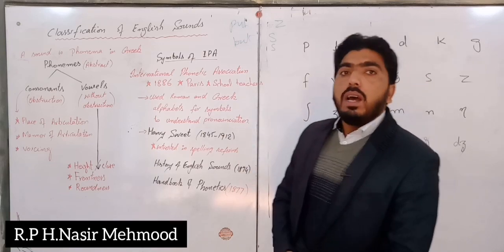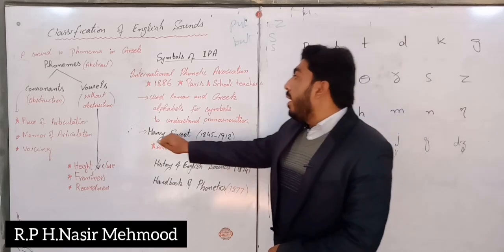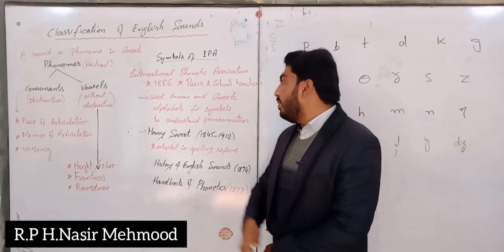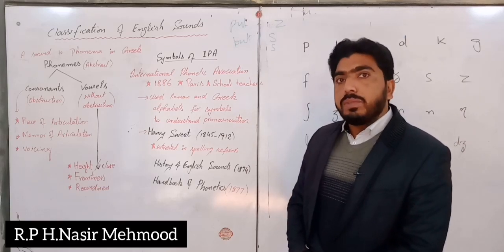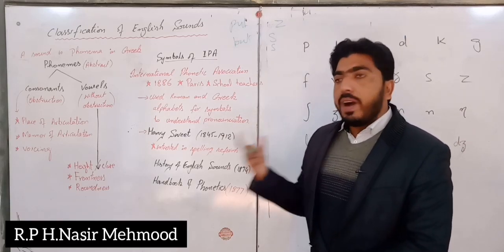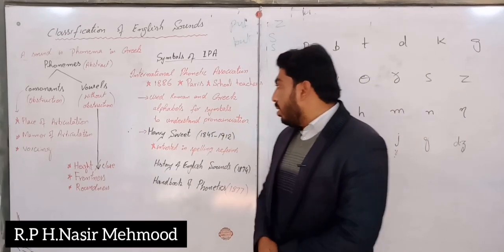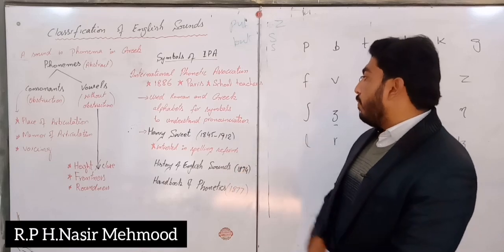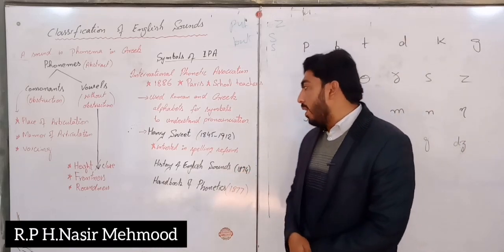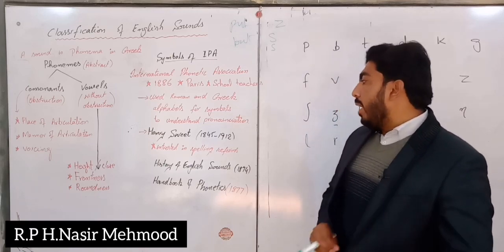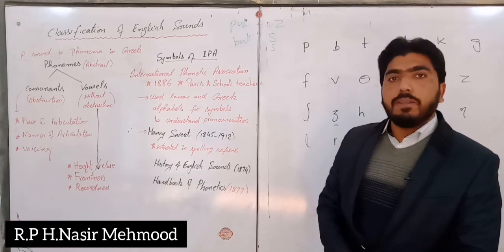Another very important name regarding this service is Henry Sweet. He was very much interested in spelling systems and in bringing reforms to the spelling system. He wrote two major books: History of English Sounds, published in 1874, and Handbook of Phonetics, 1877.